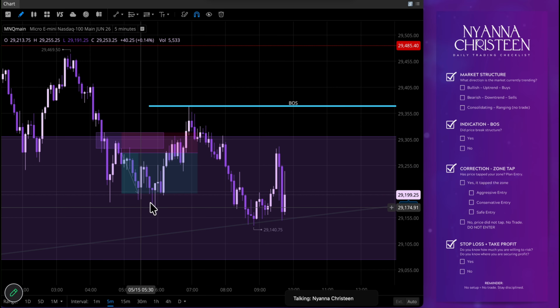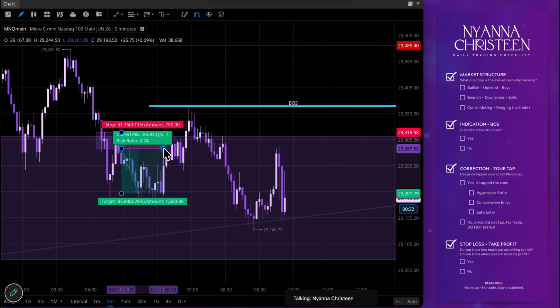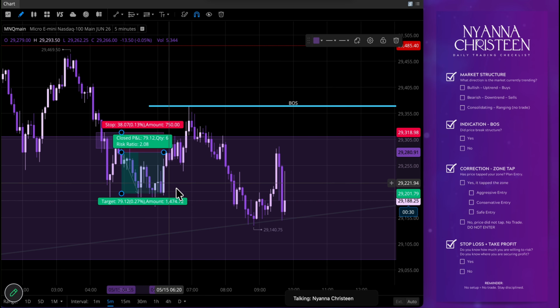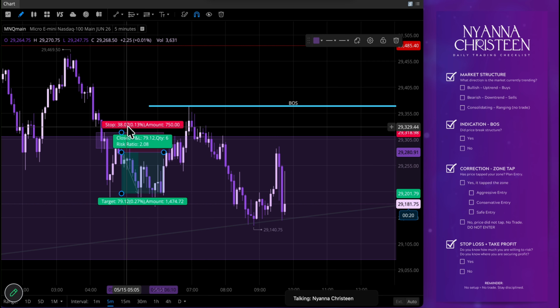So that's usually why I like this tool. It'll tell you how much you're risking, and then it'll tell you how much your reward would be. It'll tell you how big your stop loss is, because in futures you can calculate how much you're willing to lose based on the number of ticks, which is based on whatever you're trading. So if this is only 38, I know I'm not risking that much.